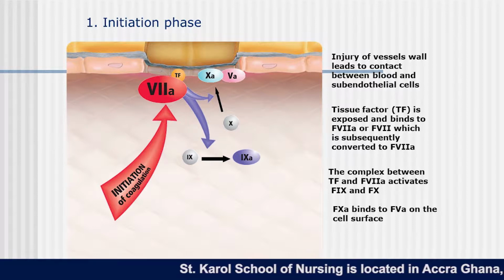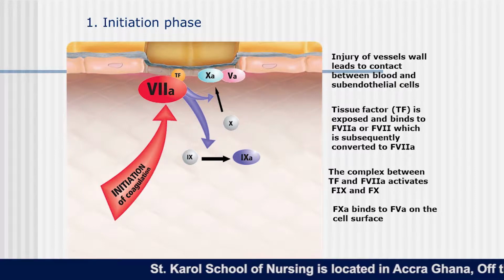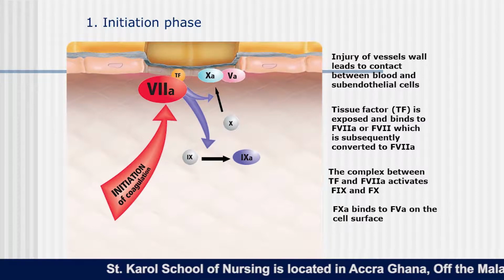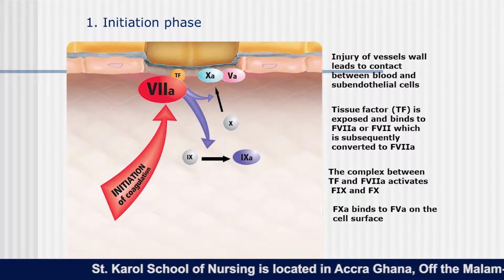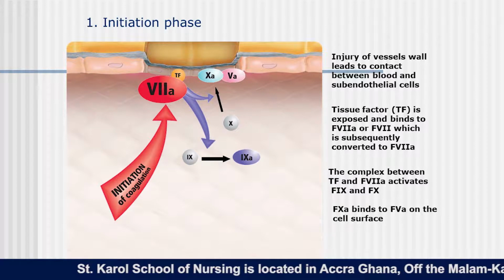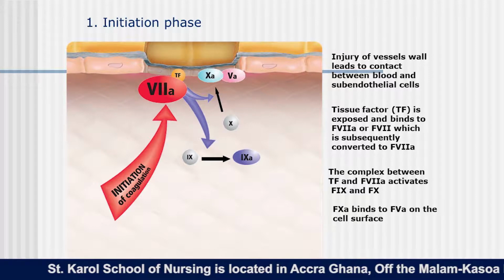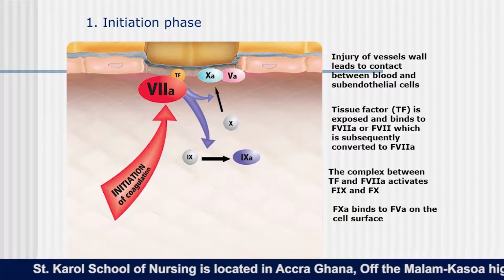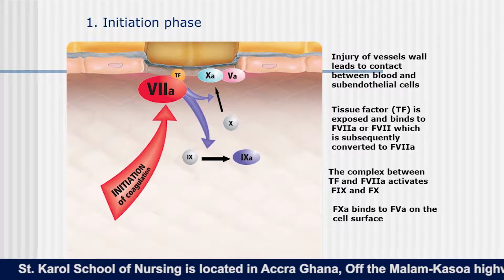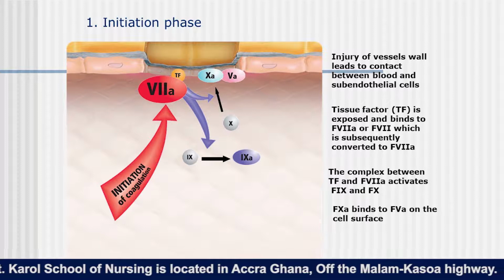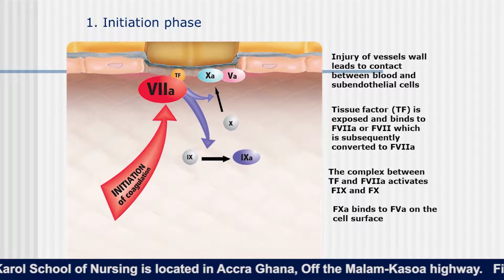When there is injury, the tissue factor is exposed and binds to factor 7, which is subsequently converted to factor 7A. The complex between the tissue factor and factor 7A activates factor 9 and 10. And the factor 10A binds to factor 5A on the cell surface.